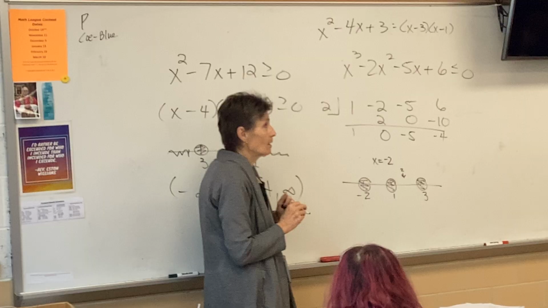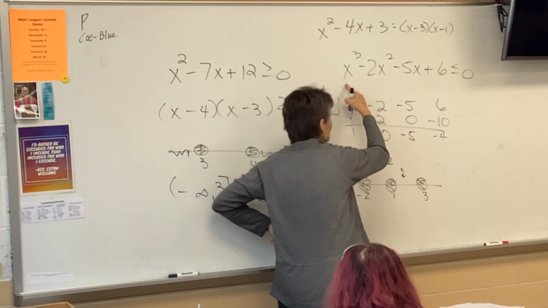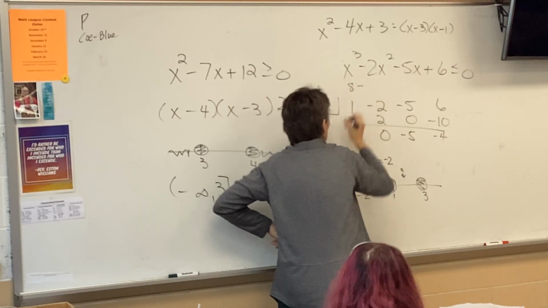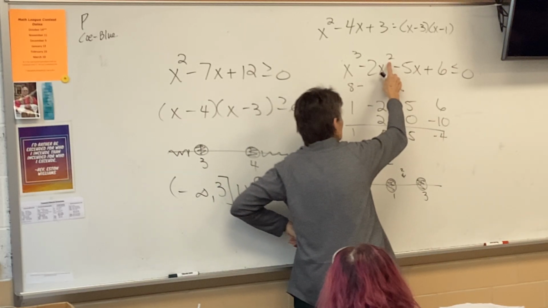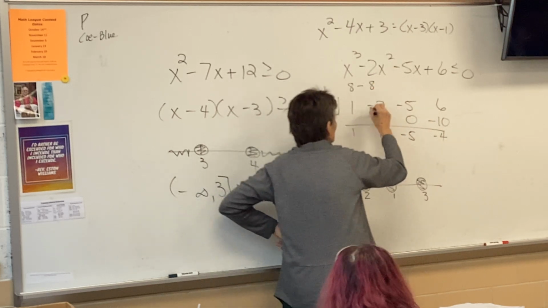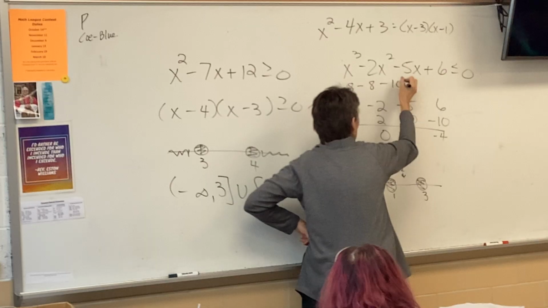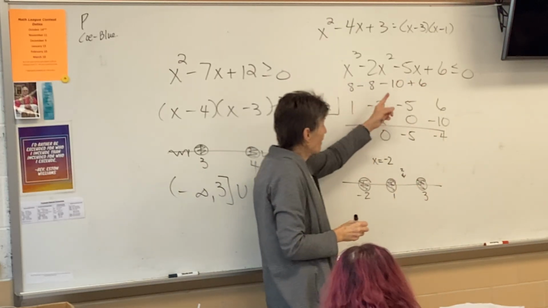Alright, let's plug it in. 2 cubed is 8. 2 squared is 4, times 2 is also 8. 2 times 5 and 6. Now, add all that up.